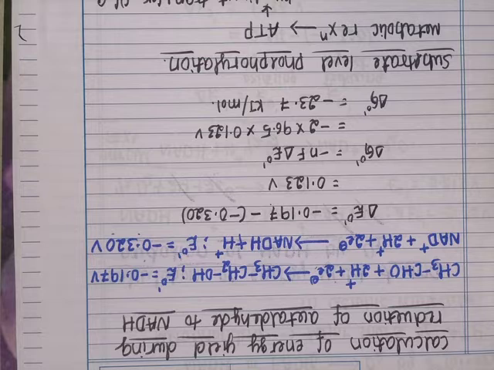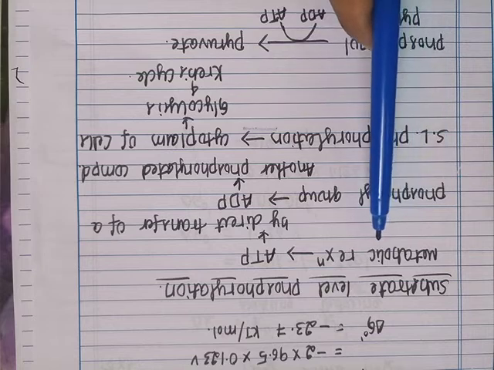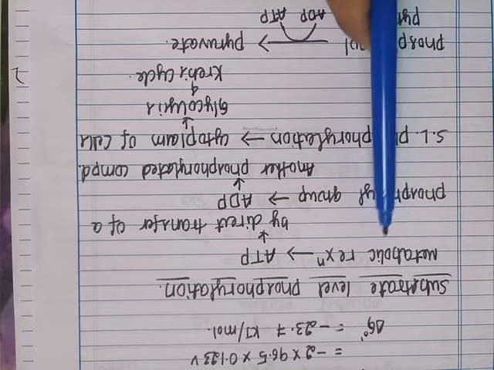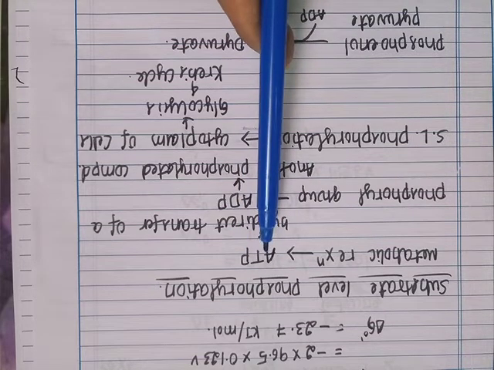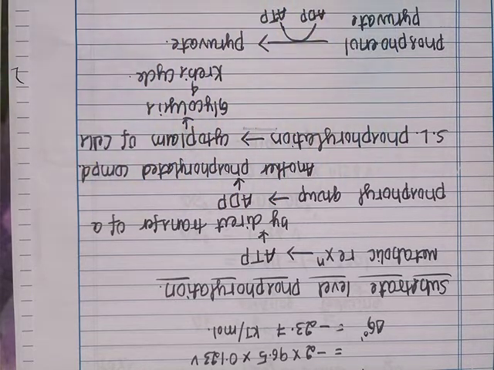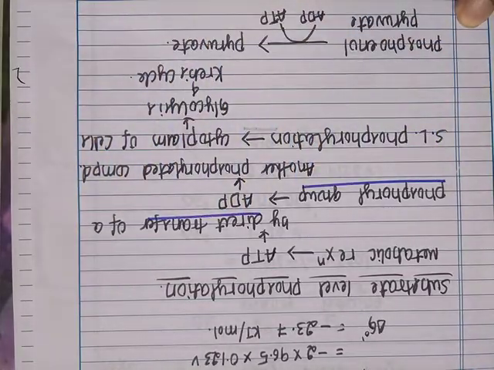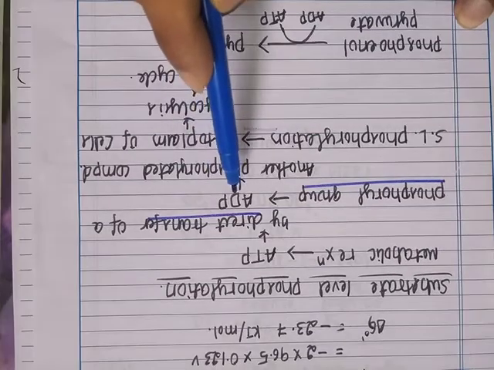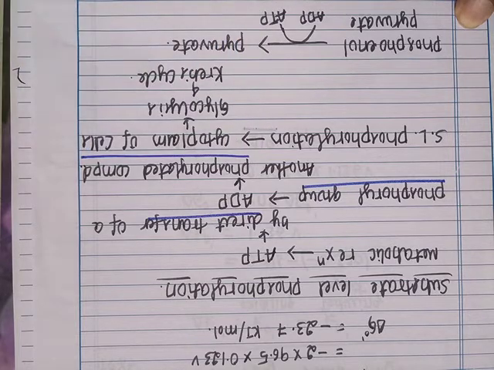Next let us see one more type of phosphorylation, called substrate level phosphorylation. Substrate level phosphorylation is a metabolic reaction that results in the formation of ATP by the direct transfer of a phosphoryl group to the ADP, to form another phosphorylated compound.